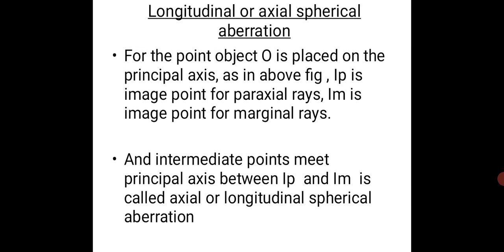The intermediate rays meet the principal axis between IP and IM. That is, when the image is at IP and IM, the distance between these two points is the measure of axial or longitudinal spherical aberration.